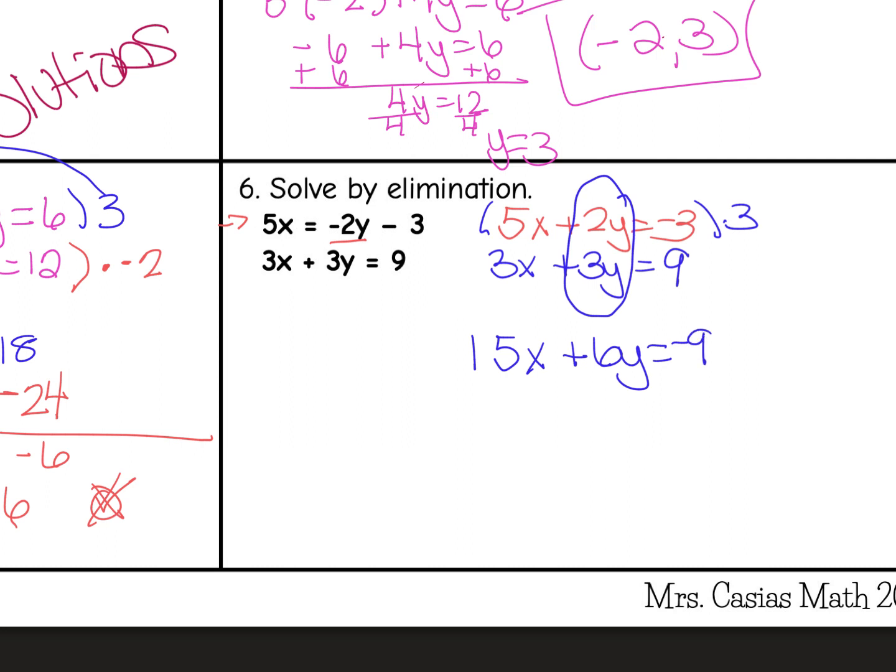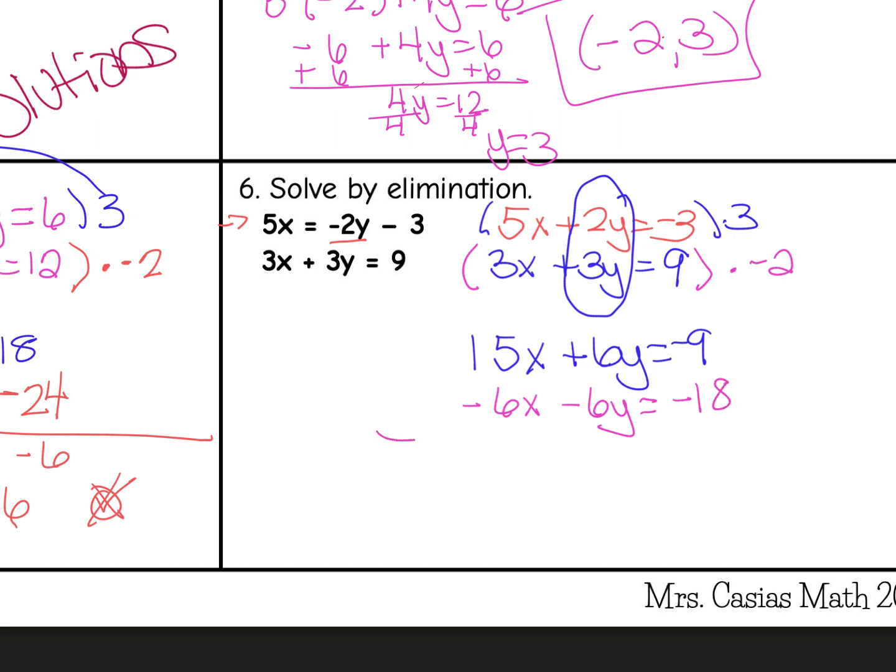Okay. And now on my bottom equation, I need to multiply this entire equation by something that will not only give me a same coefficient of 6 on the y, but a negative 6. So I'm going to multiply this by a negative 2. And I'm left with negative 6x minus 6y equals negative 18.